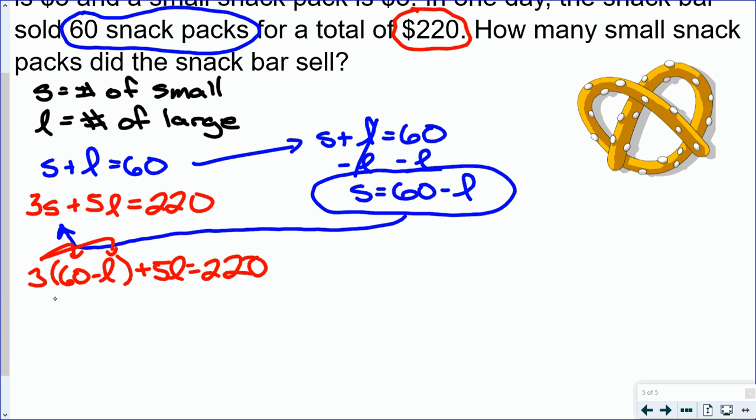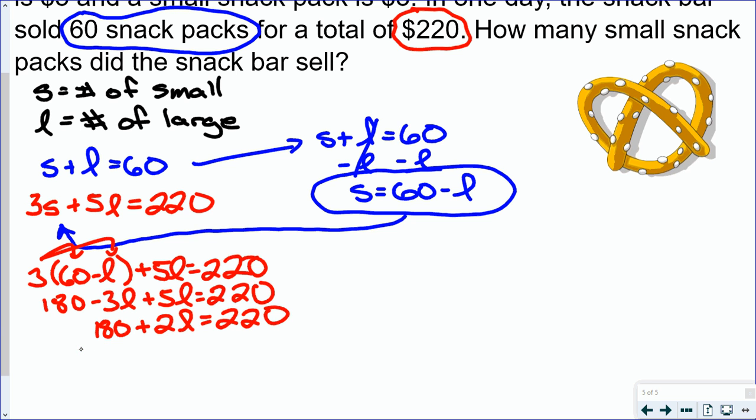And I get 180 minus 3L plus 5L equals 220. Combine like terms. So 180, negative 3L plus 5L is positive 2L.